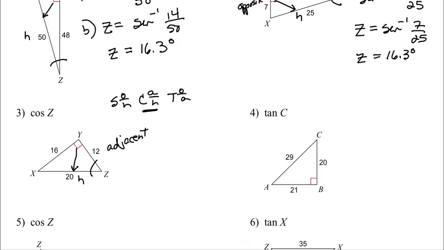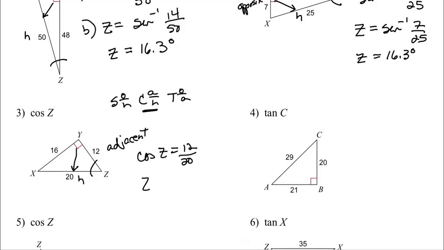Okay, so now I'm ready to use what I've labeled. So the cosine of z equals adjacent, which is 12, over hypotenuse, which is 20. Okay, so that's cosine. So from z's perspective, next door is the adjacent, so that's 12 over the 20.